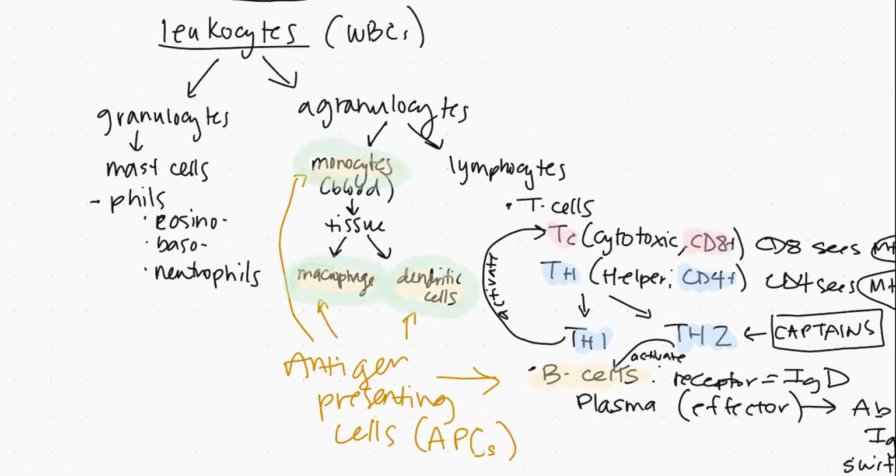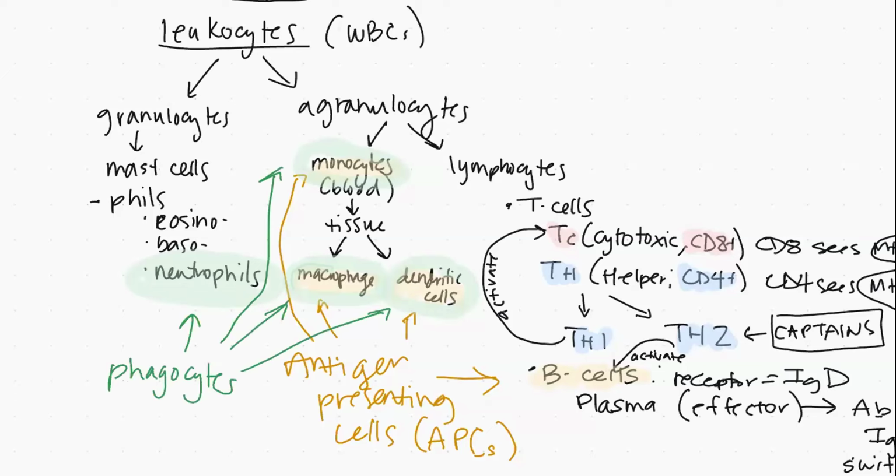Green, in this case, will be our phagocytes. So we can see here that our phagocytes are going to be our neutrophils, monocytes, macrophages, and dendritic cells.